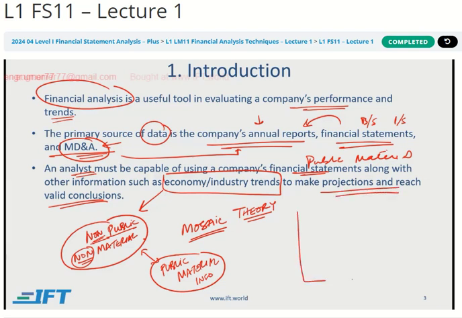Now, let me give you an example. There is a company which is coming up with a drug, right? Let's say a drug for a certain disease. Now, you take all the information from the company, which is their public disclosure and which is material, and then you combine it with certain information which is, let's say, industry trends for that particular disease.